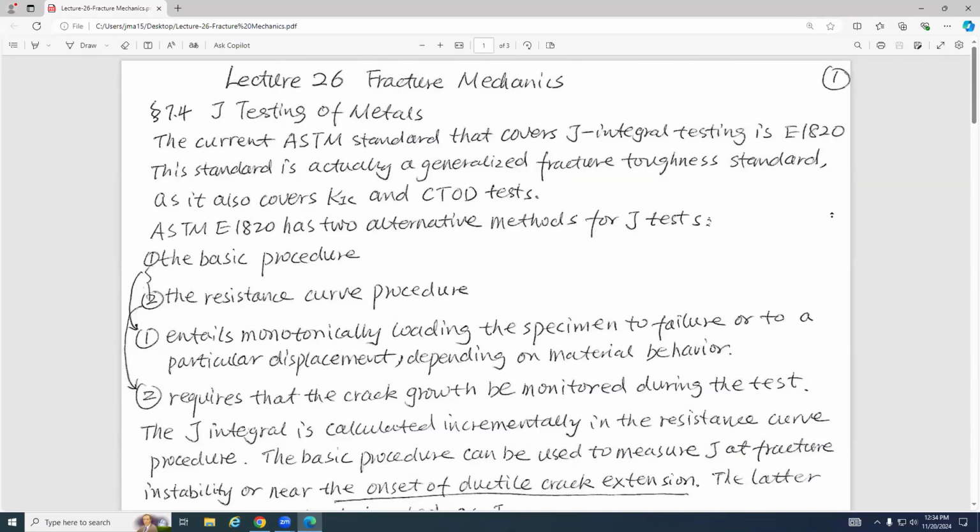That's the reason why, when you finish your experiments and report your findings, or publish a paper, you must tell people what procedure you use. Otherwise, some people will question, hey Bobby, what kind of protocol did you use? Because I use E399, but my value is different from yours. And then Bobby should clarify, oh, you use E399, I'm using E1820.